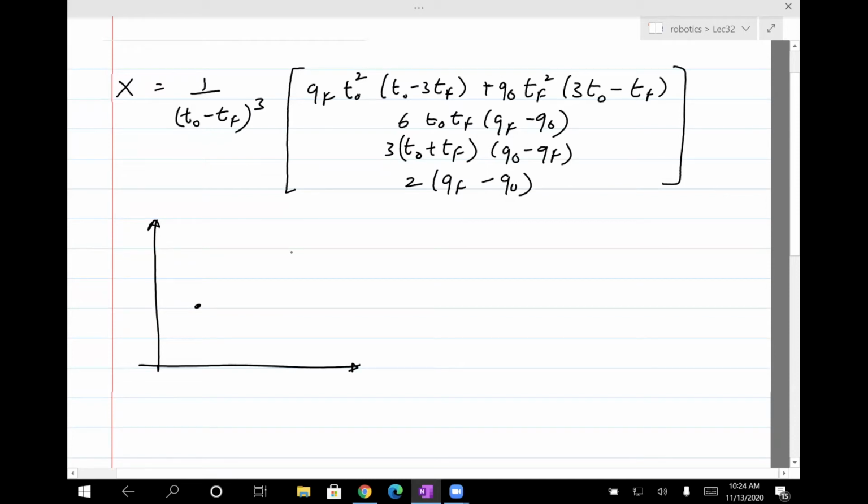So remember, we want to go from q0 to qf in time t0 to tf, and if you look at the trajectory, you'll see that it's something like this, like an S shape.